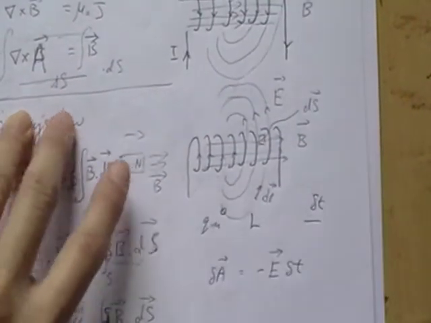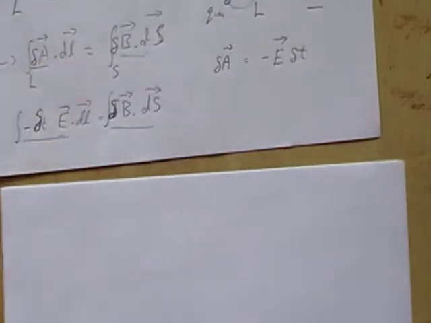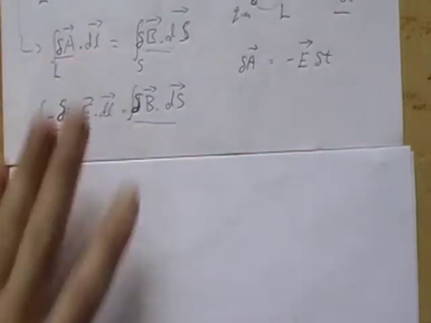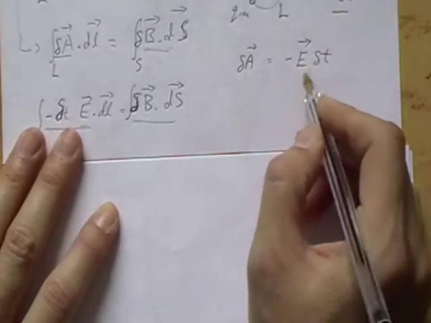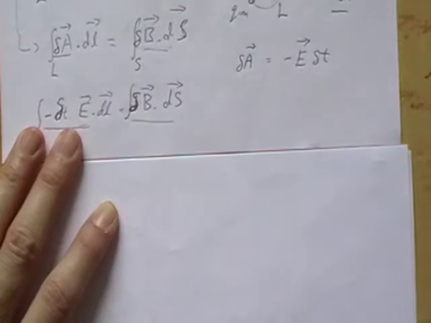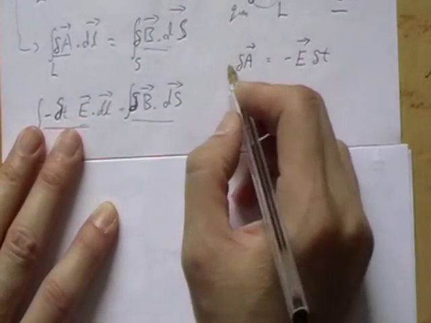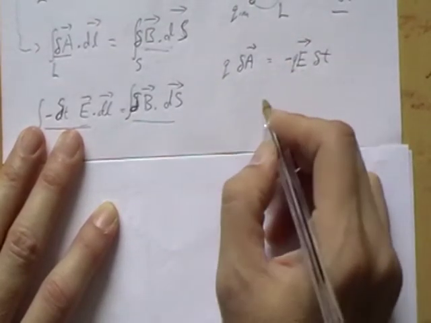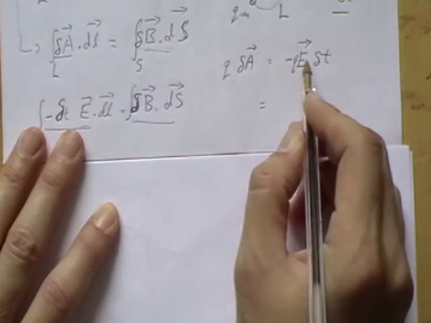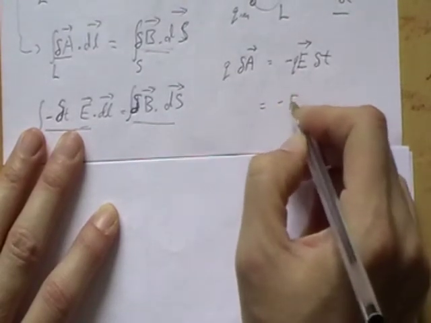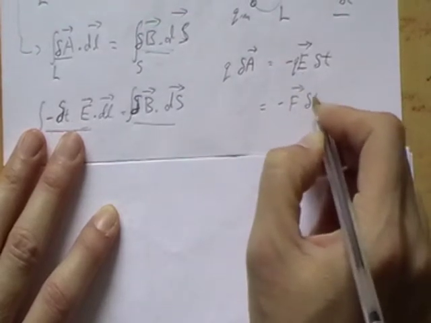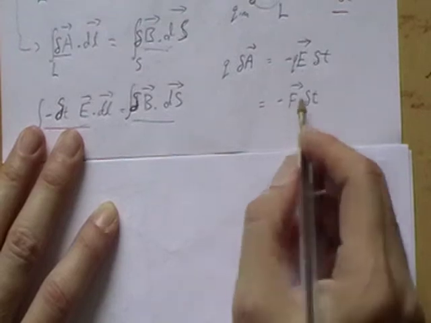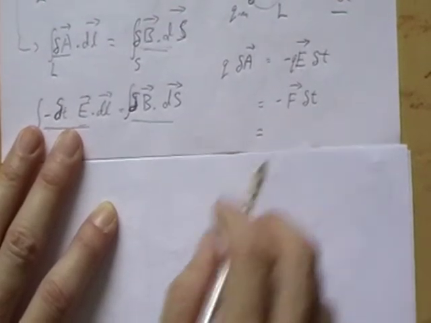And from here, we can derive the connection between A and the momentum. Now to derive this connection, recall that the electric field is connected to force in this way. If I multiply both sides of this by the charge, then charge times electric field is the force, and we also know the meaning of force times time.